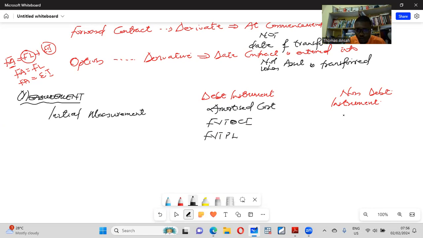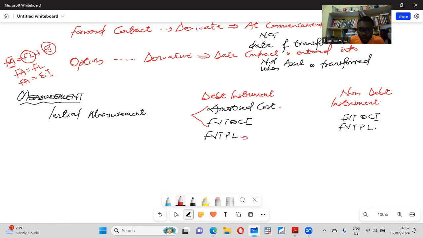Then here too, we just have fair value through OCI, and we have fair value through P&L. All right, so that is that. All right, so it's very important you distinguish between the two because, for example, the initial measurement for these two is different from the initial measurement for this particular one.